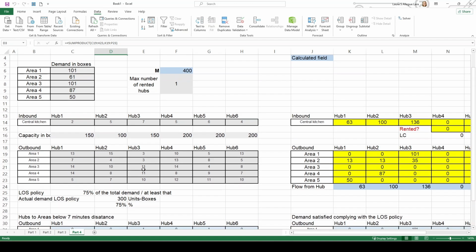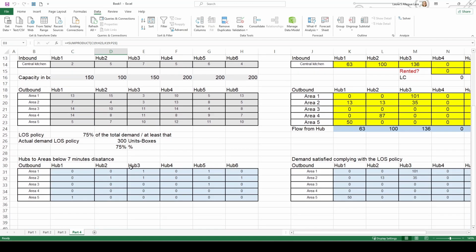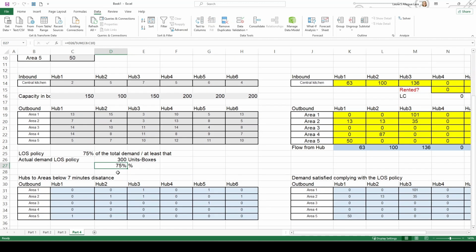I also encourage you to analyze whether there's a different way of doing things. In this case, for implementing the level of service policy, we did calculate a rate, because we made total demand complying with the level of service policies divided by the total demand, and we calculated these percentages. But we could have also said, okay, 75% of my total demand, that's 300.